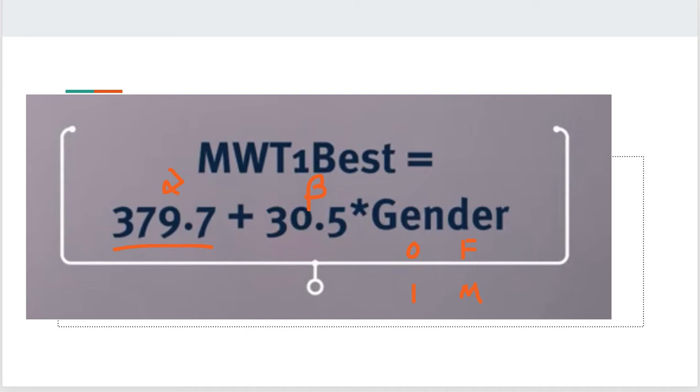Then the walking distance is going to be the alpha plus the beta times 1, and then we can get around 410. That means for the male, the average walking distance equals 410.